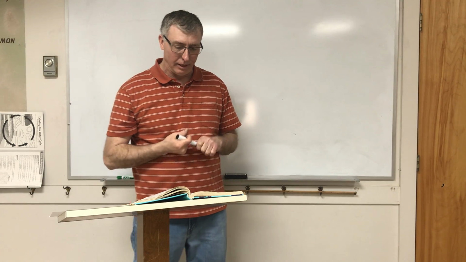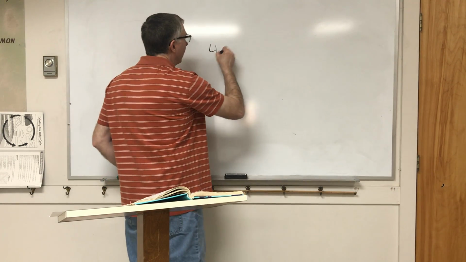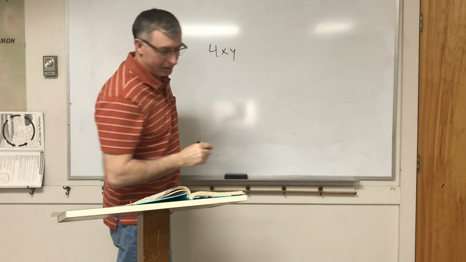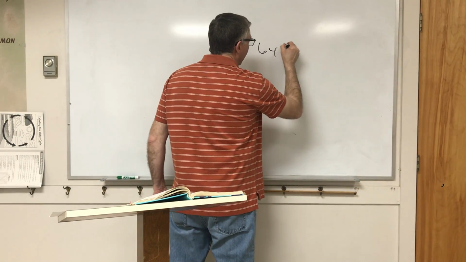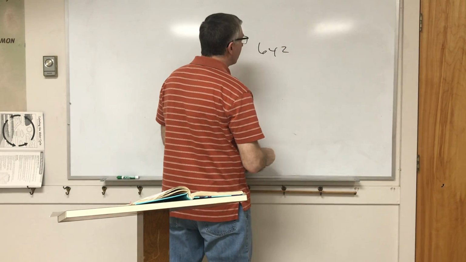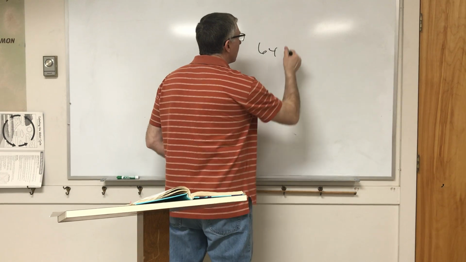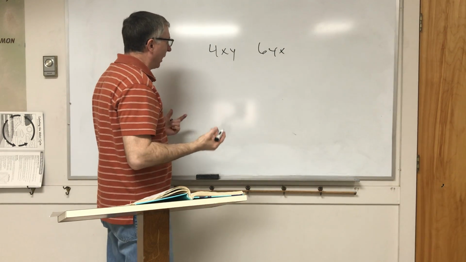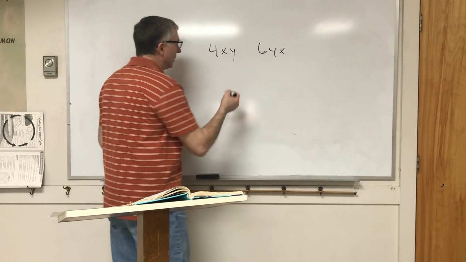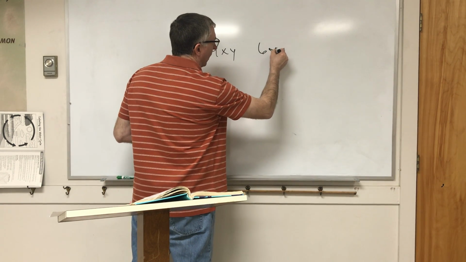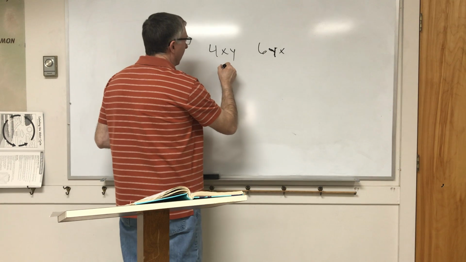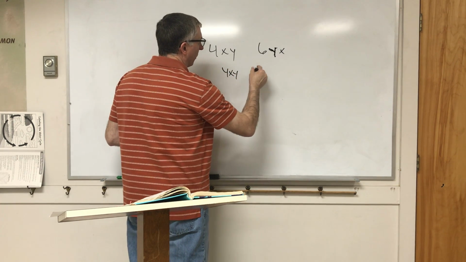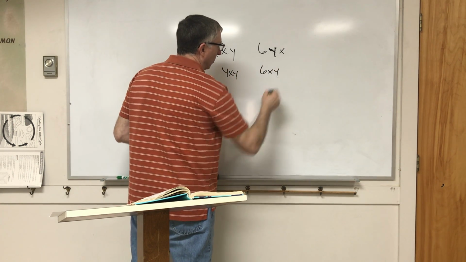And so if we have 4xy and 6yx, oops, to see if they're like terms, what I would do, if it makes it easier for you, again, this is a y, not a 4, is to write it in alphabetical order. And so 6xy.